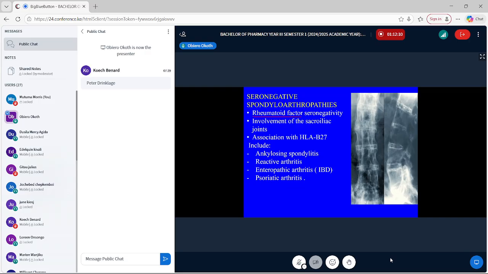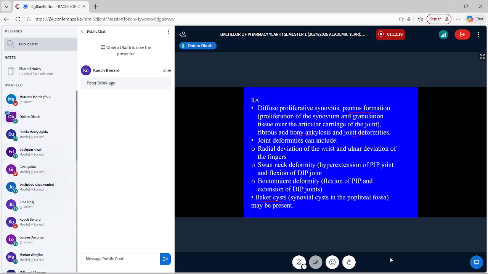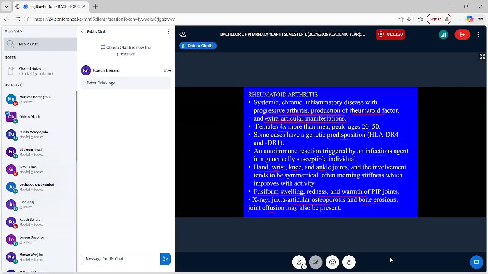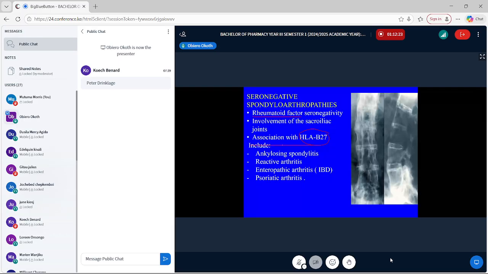Inflammatory, could be autoimmune, but it's rheumatoid factor negative. And you find this a lot now with the HLA-B27. Rheumatoid arthritis we are finding with the HLA-DR4 and the DR1. This is very common with HLA-B27.